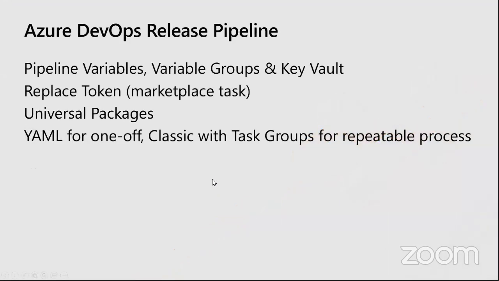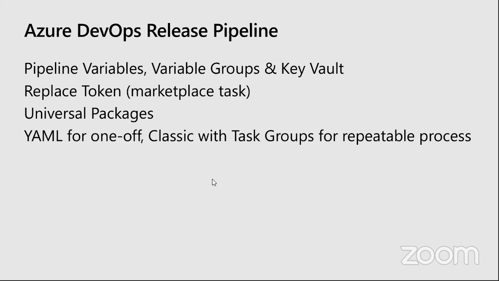So with our release pipelines, basically, we have variables, we have variable groups. These are things where I can put other values, like if it's an external URL I need to talk to, I can put it all in those. I can use Key Vault like I showed you. One of the most used tasks that I do in most of my releases is the replace token marketplace task.